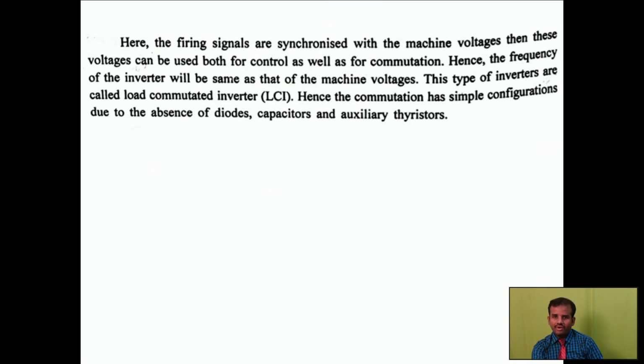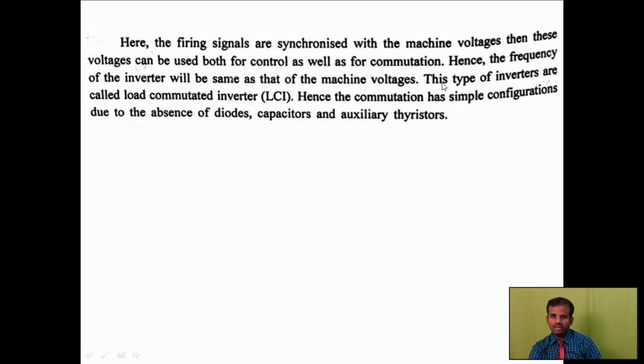Here the firing angles are synchronized with the machine voltage. This voltage can be used for both control as well as commutation. In this self-control mode, the frequency of the inverter will be the same as that of the machine voltages.